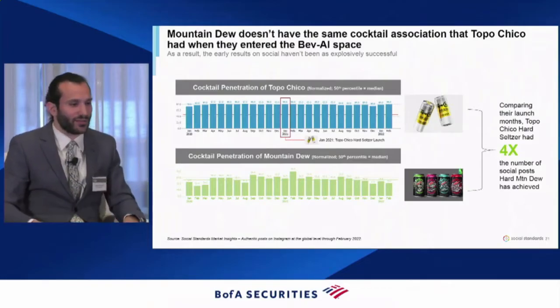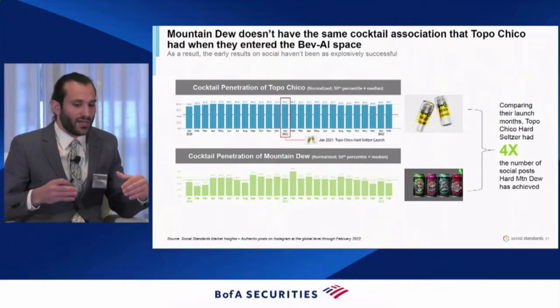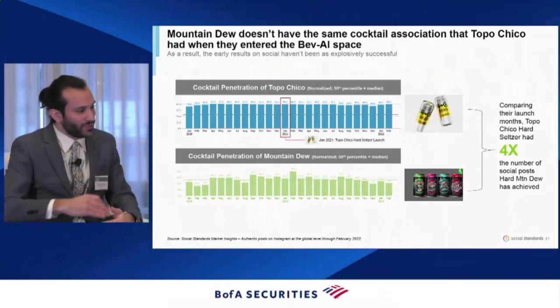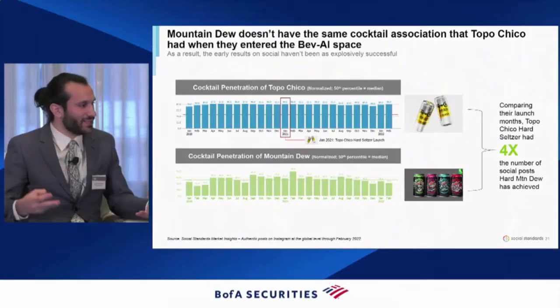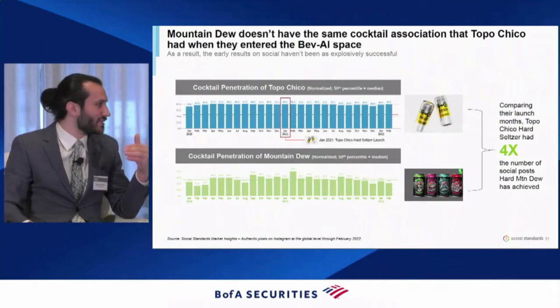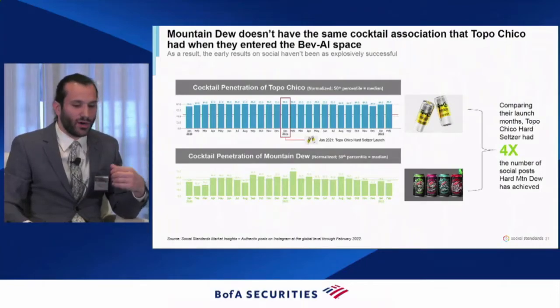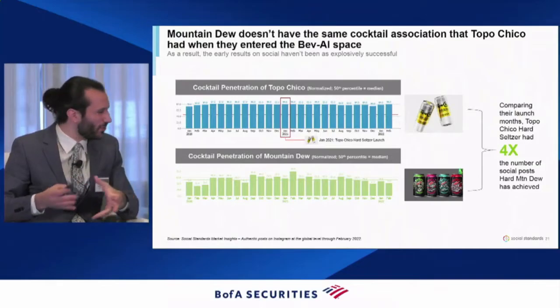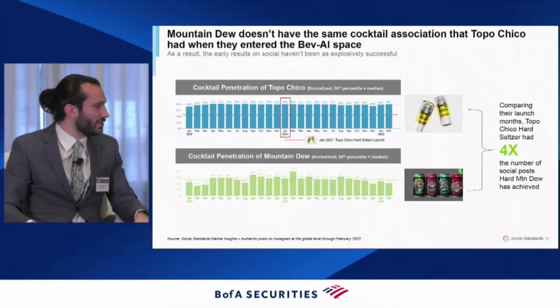And here on the left, kind of just reiterating that point around cocktail association. The line going horizontally there is that median association with cocktails. Topo Chico continuously is over-indexed on that particular association, while Mountain Dew has either floated around the line or even been under-indexed in that association with cocktails.